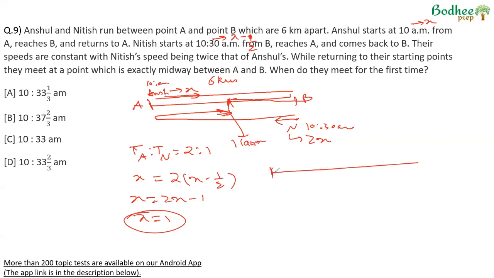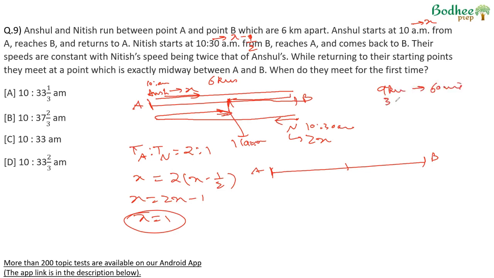Now, if we go back to the starting point, we know that Anshul will reach the midpoint at 11 a.m. What he has done is covered 3, 3, and 3, 9 kilometers in 1 hour, 60 minutes.